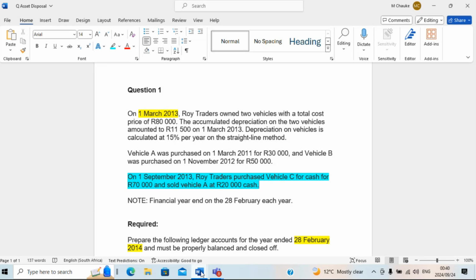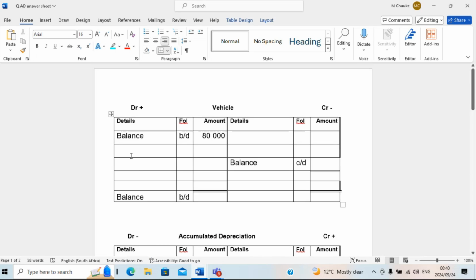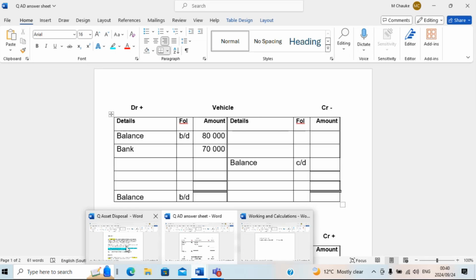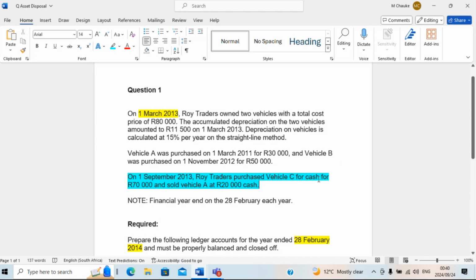So you go into your vehicle account, you're gonna say bank because you purchased it for cash. You're gonna say bank, and then you say 70,000, right? Okay, and then it also continues to say, and sold vehicle A at 20,000 cash.